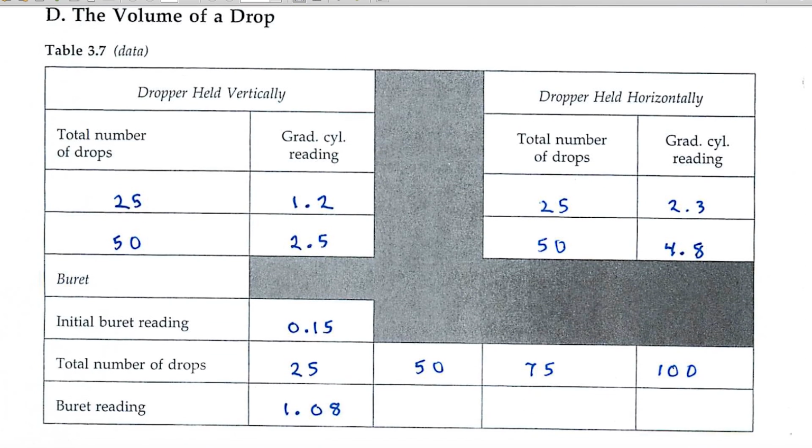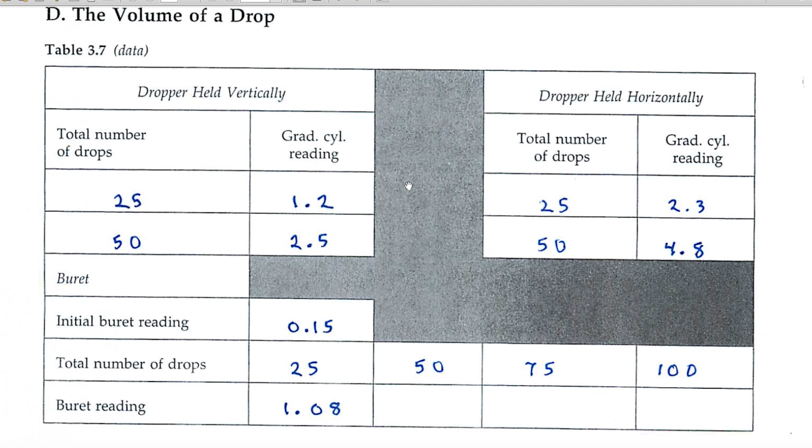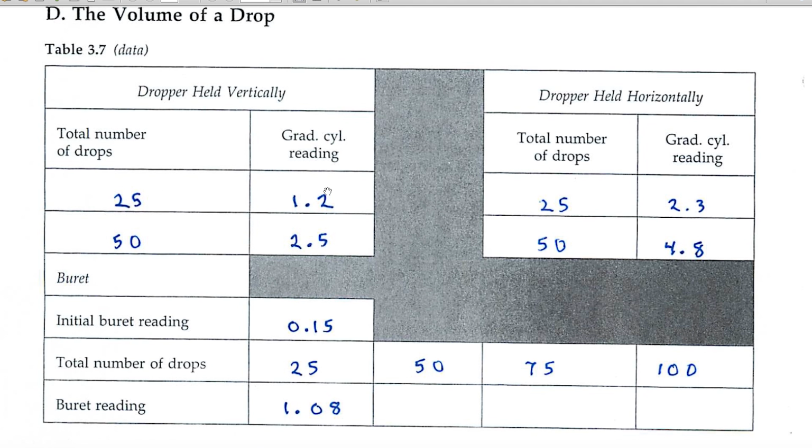Let's look at Part D. Part D, we're calculating the volume of a drop. And we're using 25 drops and 50 drops, initially placing those drops into a graduated cylinder and measuring the volumes. And again, my numbers, 25 and 50 are accurate, but these numbers over here will be different than yours.